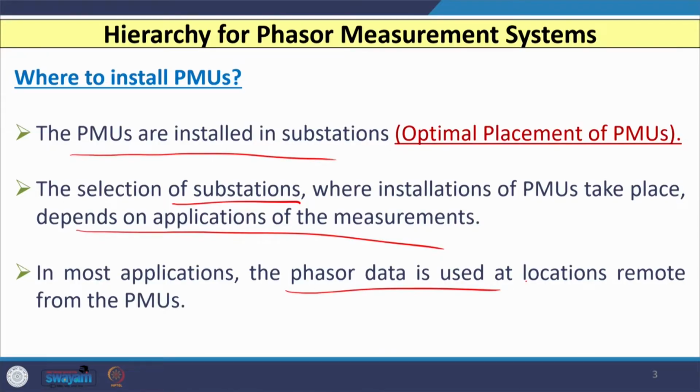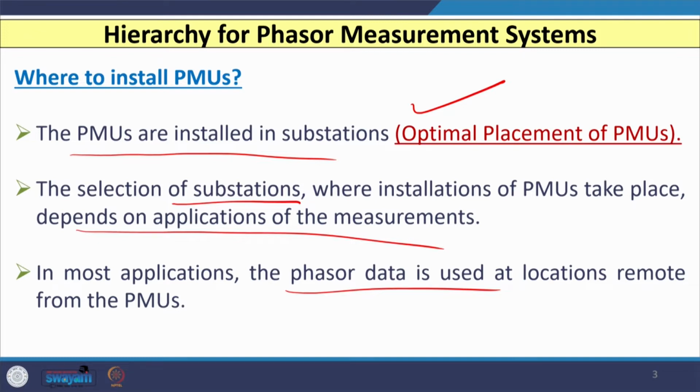So, it depends on the application, and in most applications the phasor data is used at locations remote from the PMUs. So, we go for the algorithm which is widely known as optimal placement of PMUs.